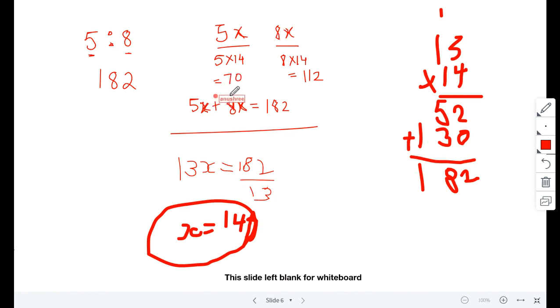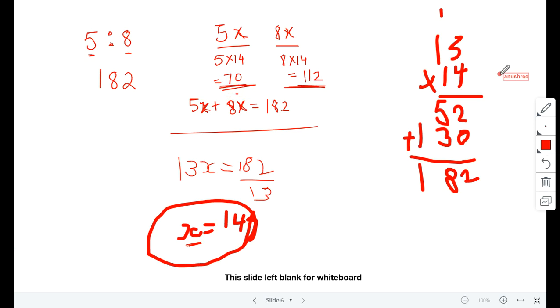Now, if you add these two numbers, you get 182. From here you get x equals 14 and from here you calculate the first number be 70 and second number be 112. Okay, is this clear?